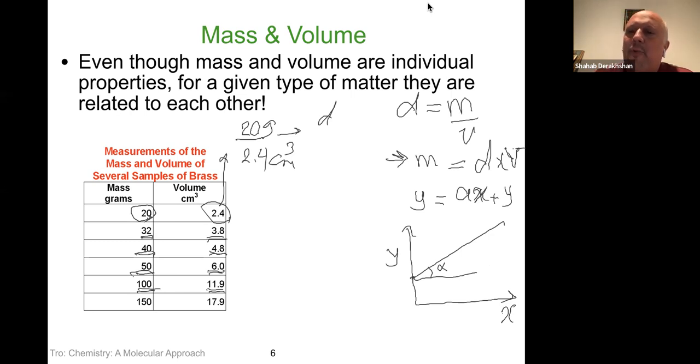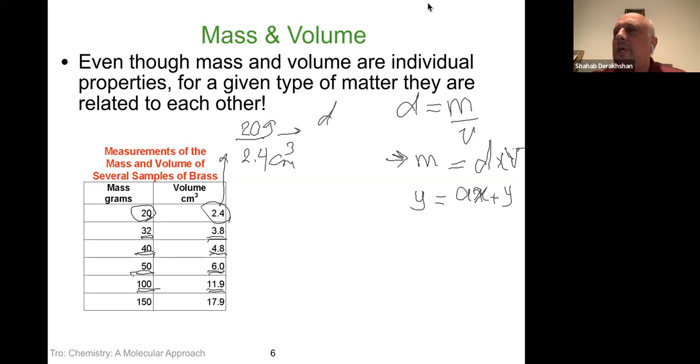So we can get a slope from here. Now I want you to compare what I just showed you as this graph to this graph.